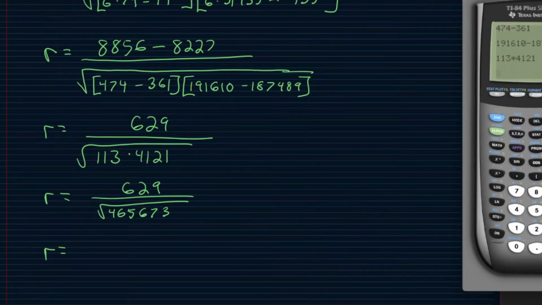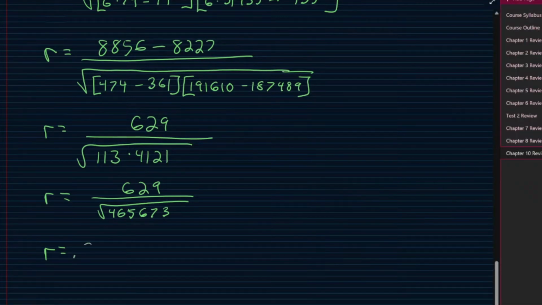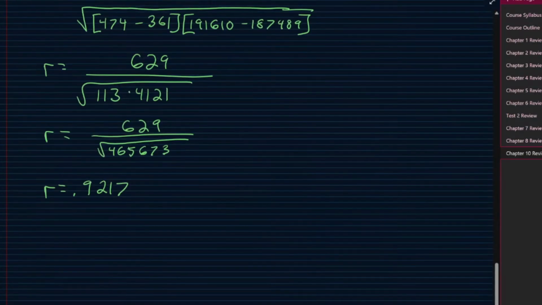So 629 over the square root of 465,673. We're going to get 0.9217. And so, on our scale of correlation of -1 to 1, this is pretty high up there, right?